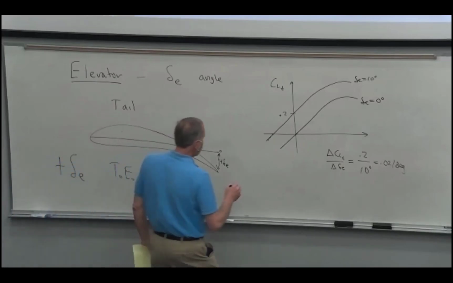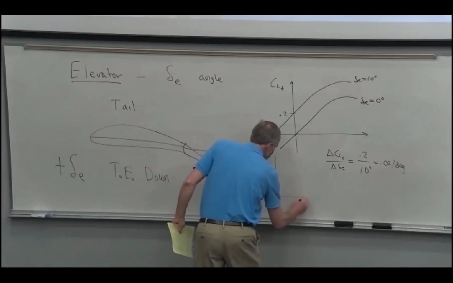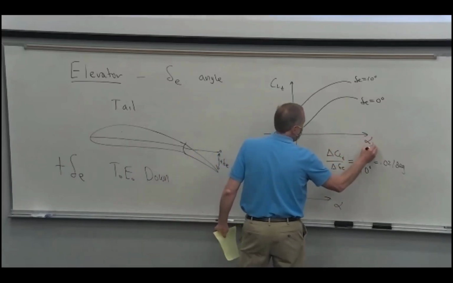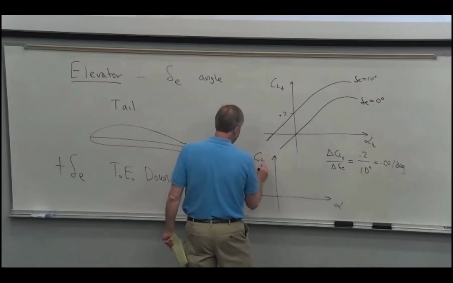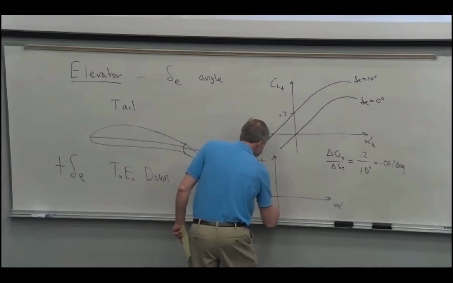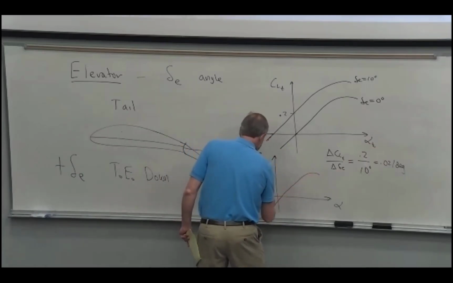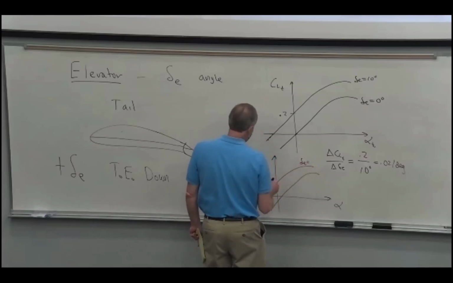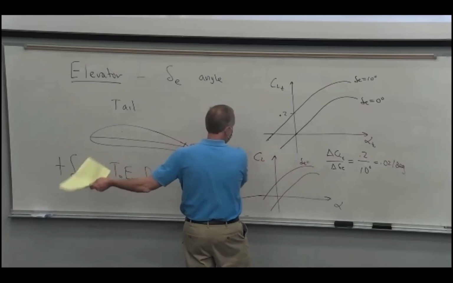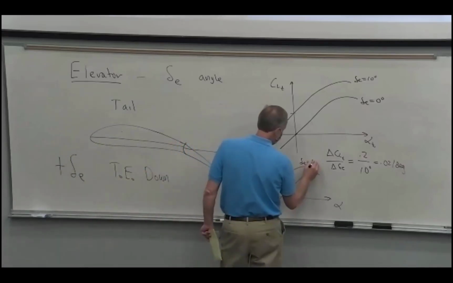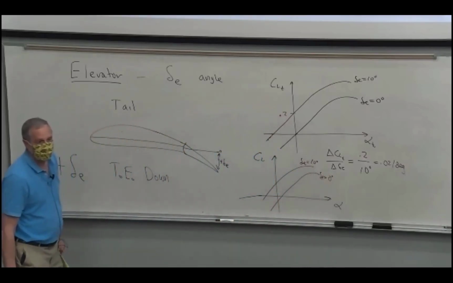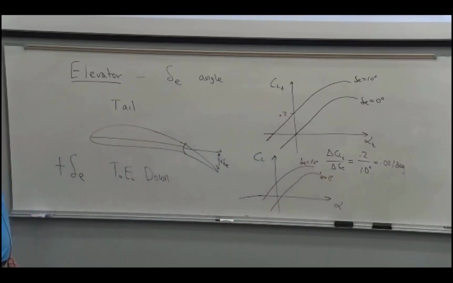So what we really care about, this is versus alpha tail, is the total lift of the airplane versus elevator. But we're going to get the same effect. It's just going to be reduced because the total lift of the airplane includes the wing. So we can take the entire airplane into the wind tunnel and measure the lift versus alpha for different elevator deflections.